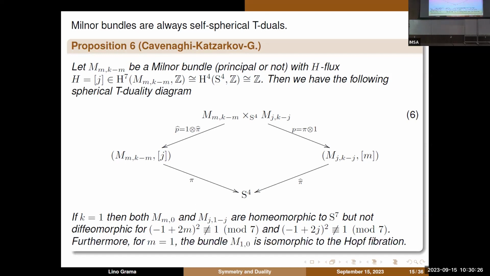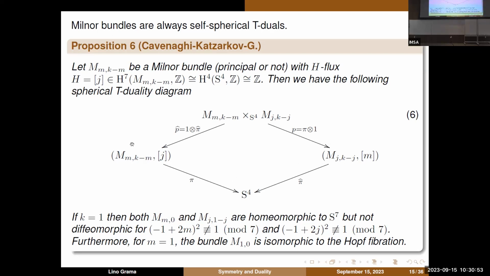This is a remark. And if m is equal to 1, this bundle M(1,0) is isomorphic to the Hopf fibration. And then, of course, you have lots of symmetries here between these numbers. The numbers here will appear on the side, and this is a very symmetric formula.